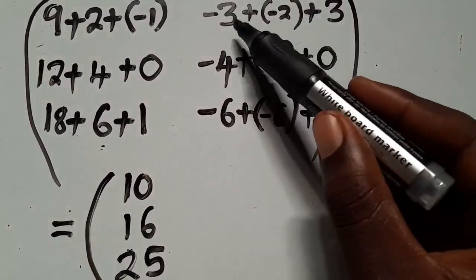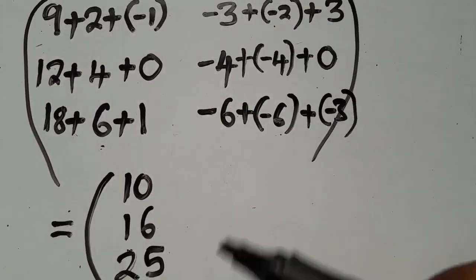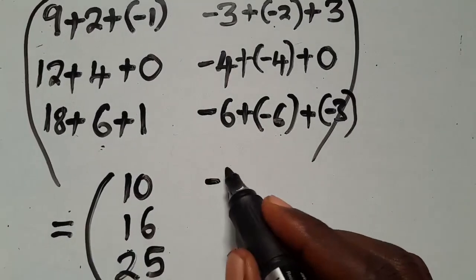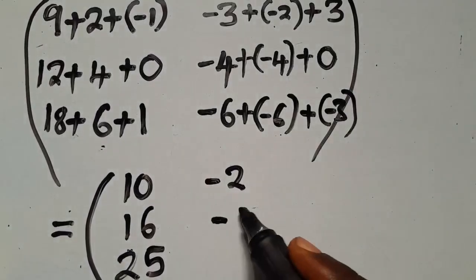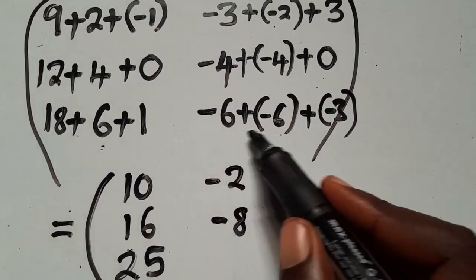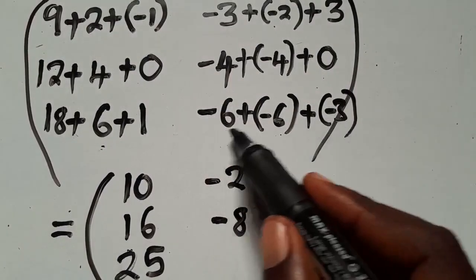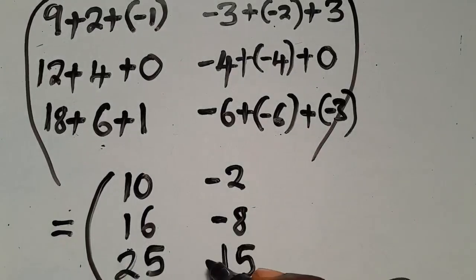There, what's the answer? You get negative 5 plus 2, that's plus 3, that's negative 2. Here, what's the answer? Negative 8. Here, what's the answer? So you are just 12 plus 3, 15. Then you maintain the negative.